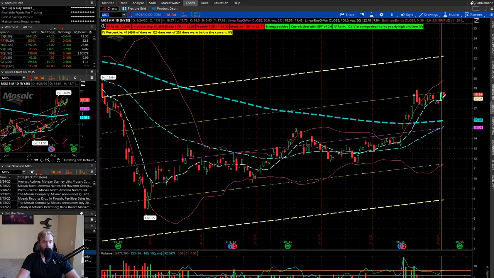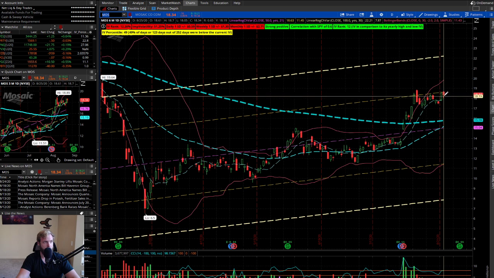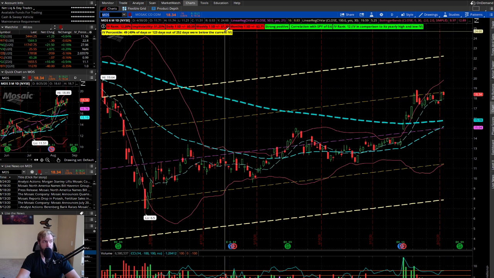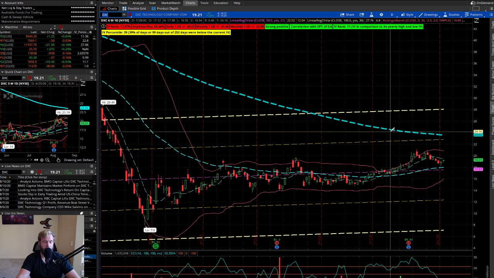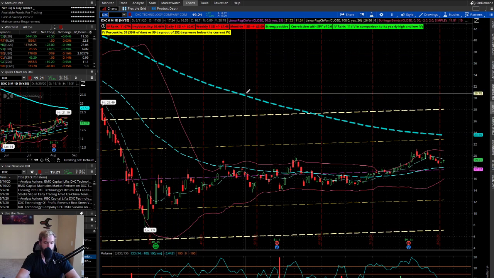Now, of note, I really don't like trading Mosaic up here. So there's a good chance I will wait to establish this trade as compared to putting it on at the same time as DXC. And the reason why I picked these two is, I guess, a couple pieces. The first one is I definitely want some IT exposure, which is what DXC satisfies for me.